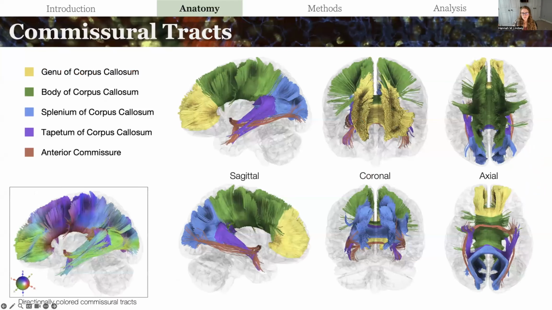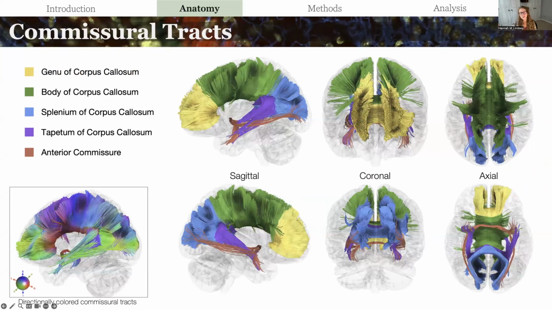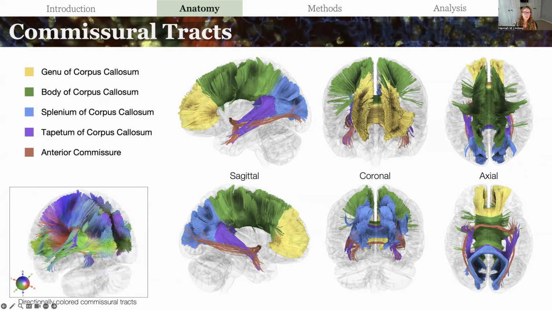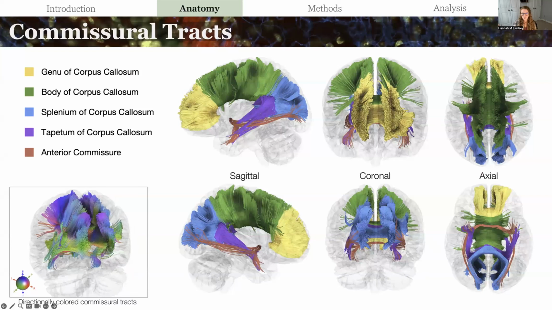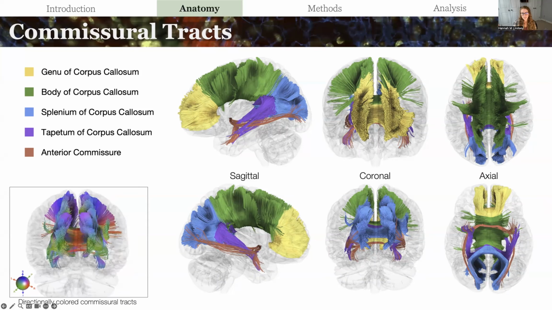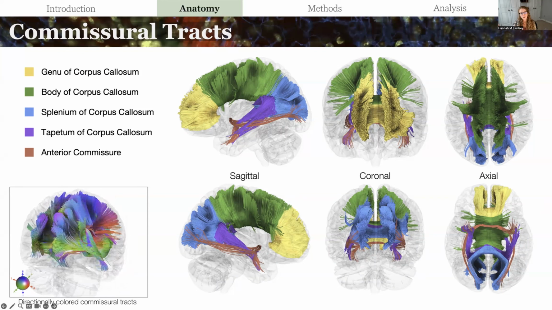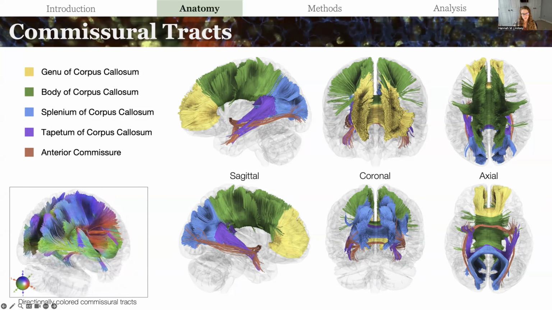The most prominent commissural tract is the corpus callosum, which allows information sharing and integration across the two sides of the brain. And it can be broken down into four parts. The genu is the most anterior portion, and it primarily connects the two frontal lobes, facilitating communication and integration of higher order cognitive and other executive functions.